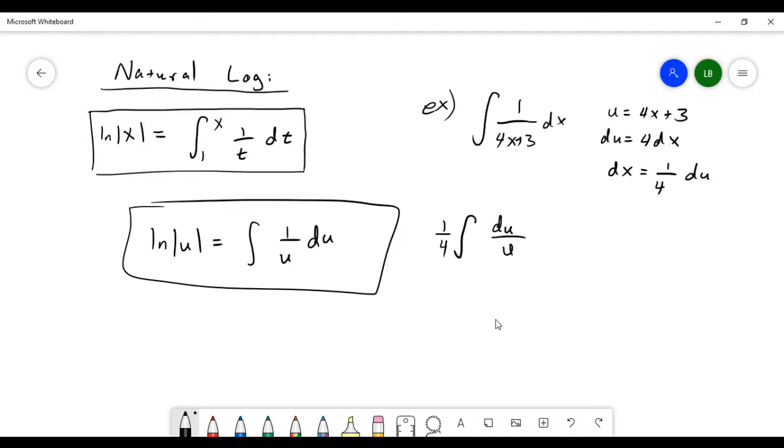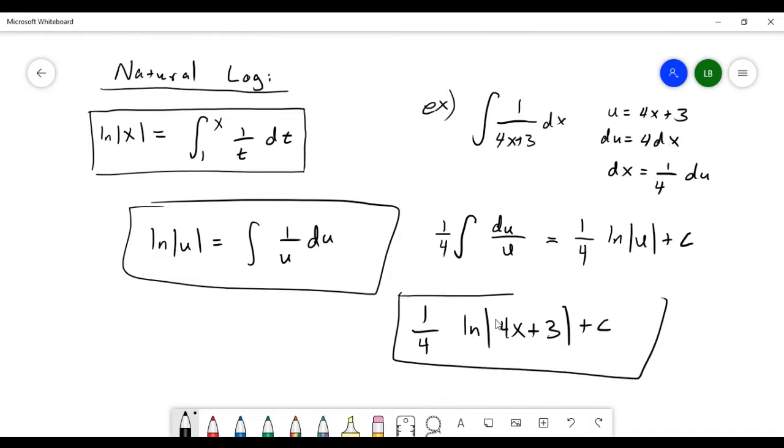The integral of du over u is natural log. Our 1/4 stays out front as a constant. Then we just substitute u back out, and that is our answer. Make sense?